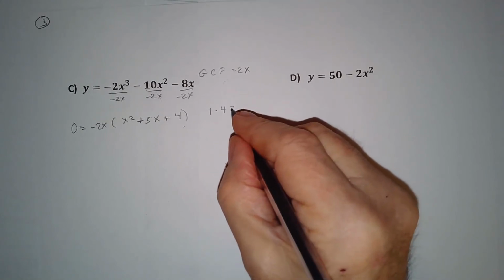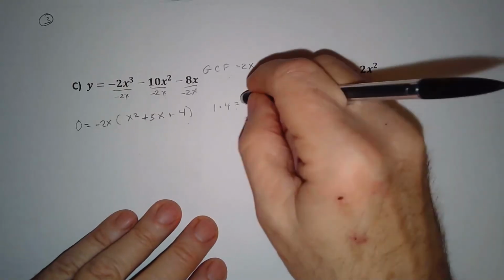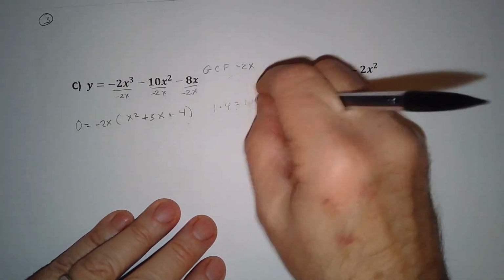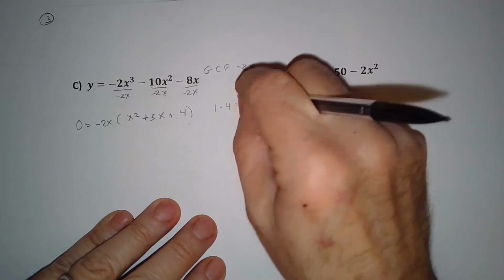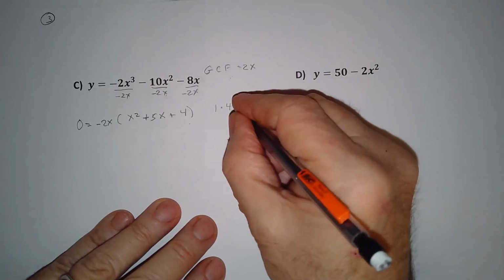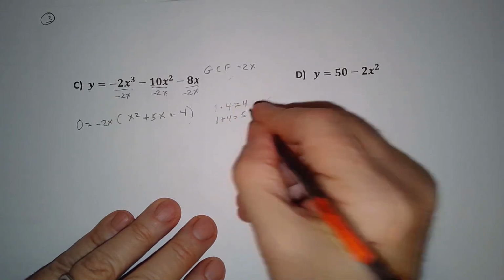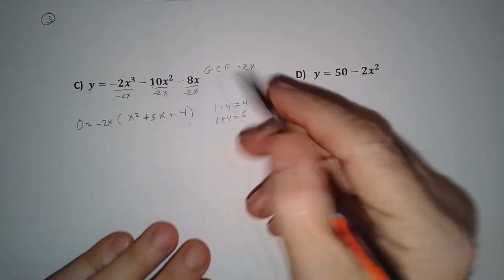But when added together, 1 plus 4 equals 5. Now let's do it this way so it doesn't look confusing. So 1 times 4 equals 4. 1 plus 4 equals 5. So that's what we want because the middle term here is 5x.